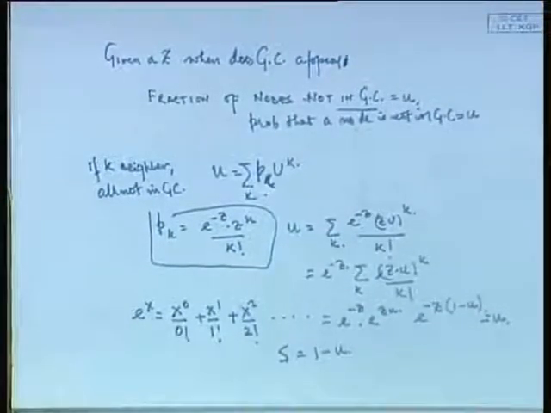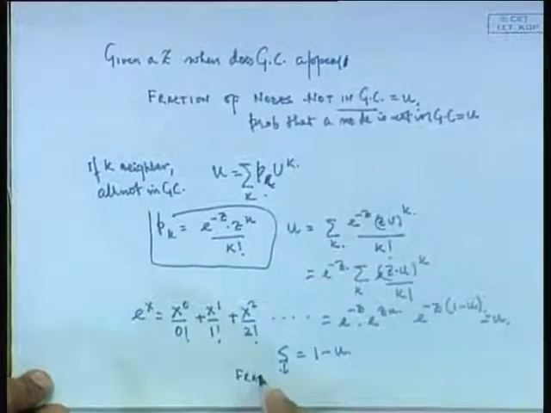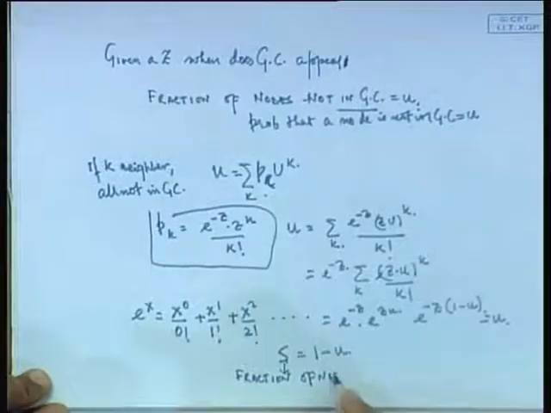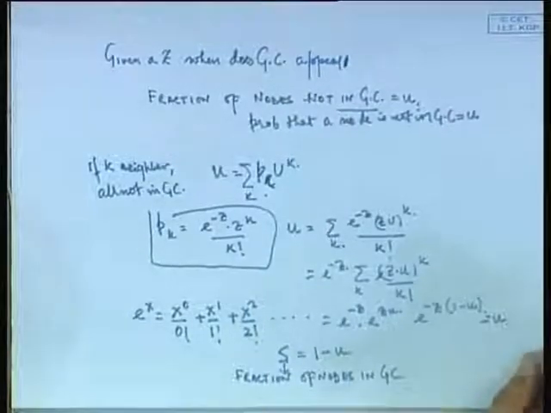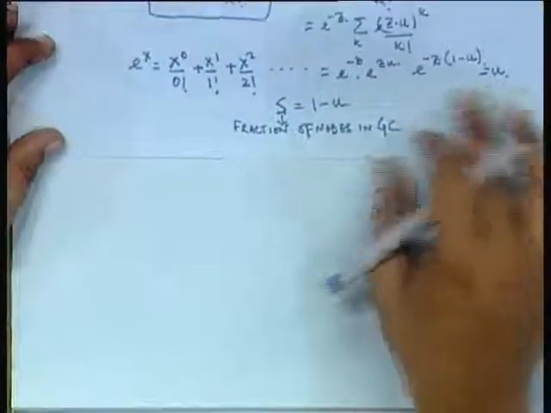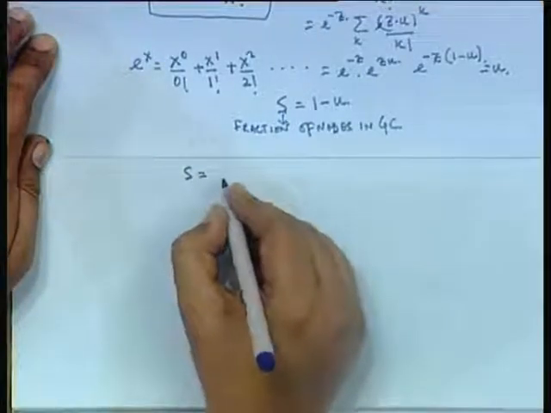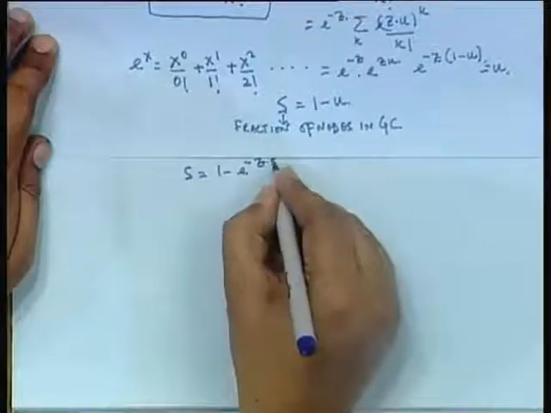So, simply this equation can be written as S is equal to 1 minus e to the power minus z S.